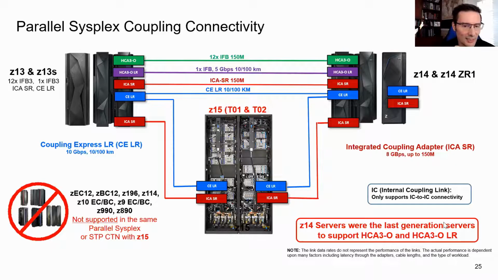And so you can see above the green and the purple where the InfiniBand is still in play in this new parallel Sysplex. The difference is that it is not talking to the z15 or the ZR1 using those InfiniBands. This chart has been around for quite a while, and this should not be any shock to anyone. We've tried to give you ample warning that this is coming. And so you can creatively still use the InfiniBands as long, again, as you're not communicating with these upper level machines.